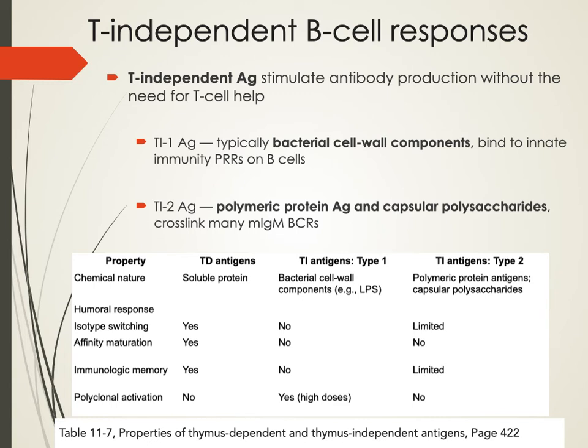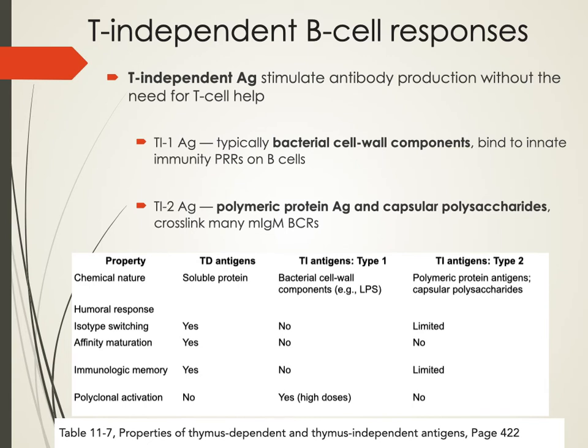Okay, type 2, so T-independent 2 antigen response. This is where our IgMs, the B cell receptor, can bind to the antigen and become activated, but they are not going to receive the help from the T cell.